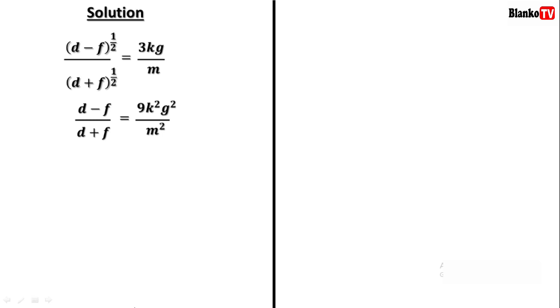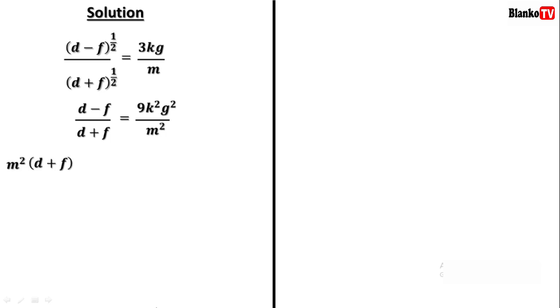Okay, so we multiply the left hand side by m square multiplying d plus f, and the right hand side also by m square multiplying d plus f. That is multiplying through by the LCM considering the denominators.